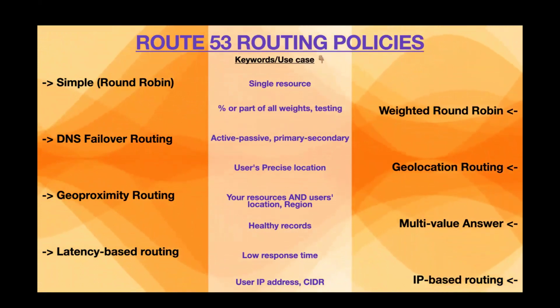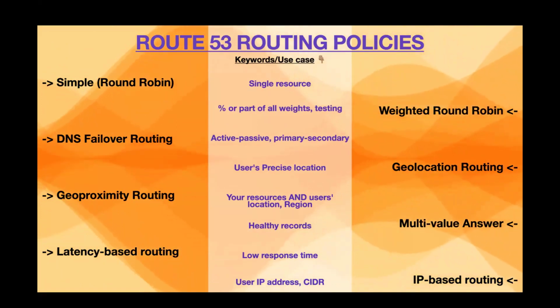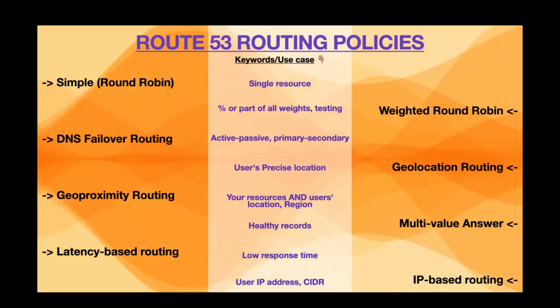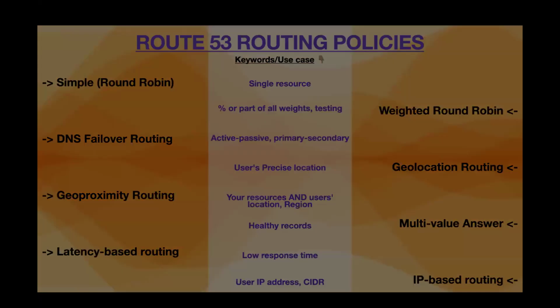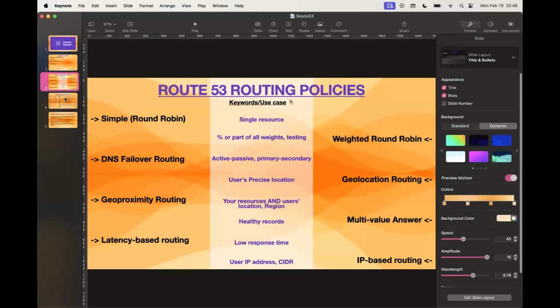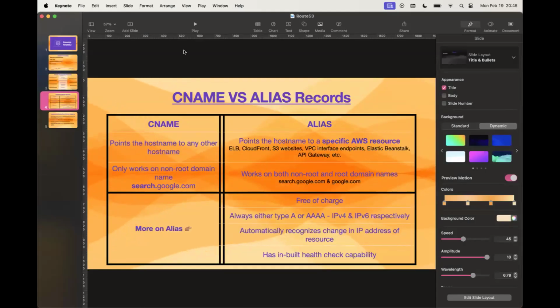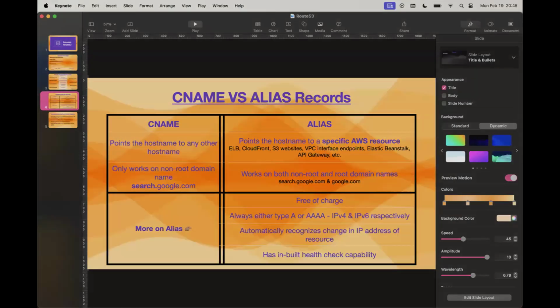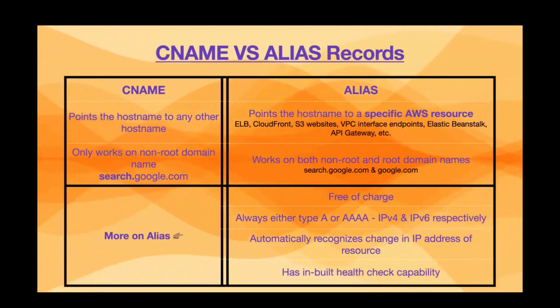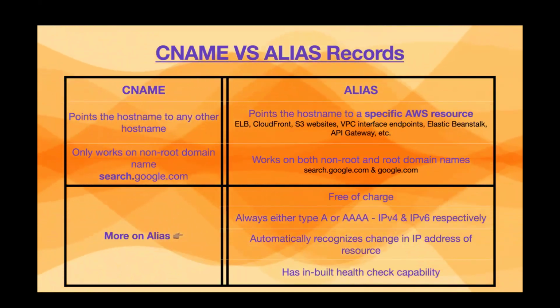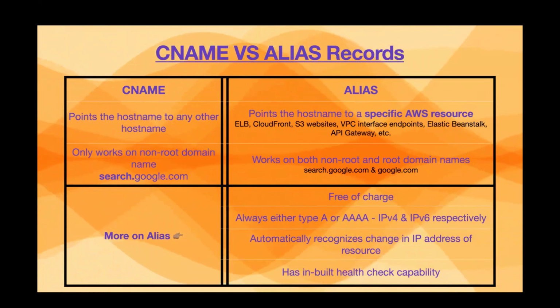In this scenario, go to the records. What do you do? You set an alias record to the load balancer. So anytime you are fronting your architecture with either a load balancer, CloudFront, or S3, then you are looking at an alias record.